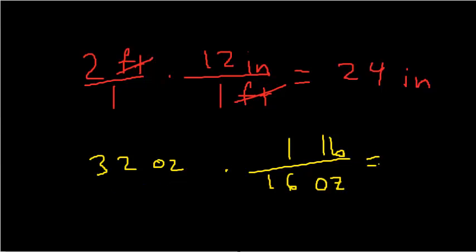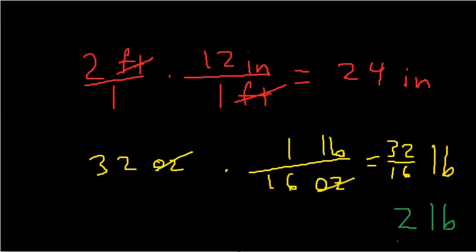So I multiply again. Here I get 32 over 16. The units of ounces cancels out and I'm left with units of pounds. I now need to reduce my fraction. 32 over 16 is 2 pounds. So 32 ounces is 2 pounds.